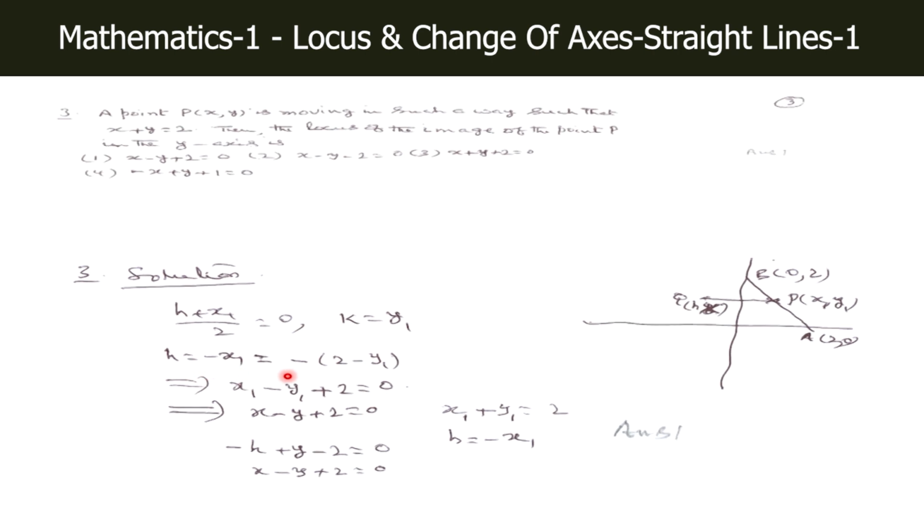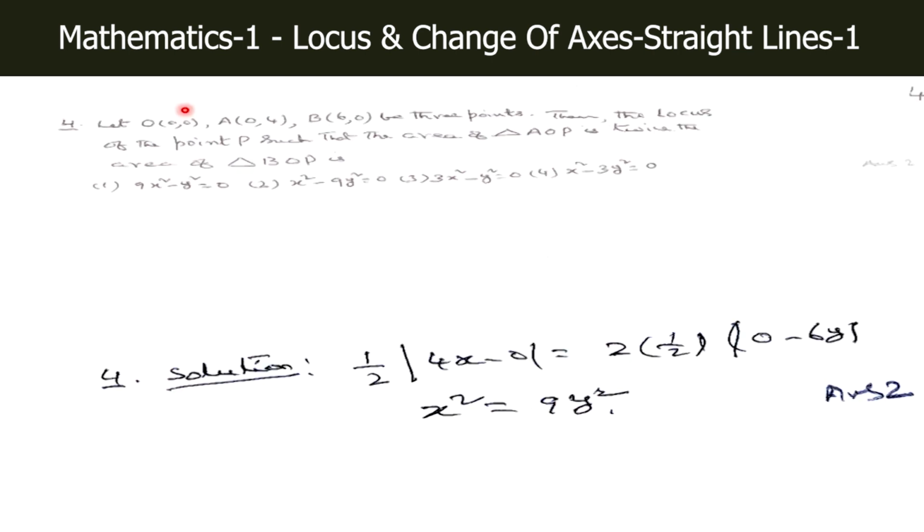But x1 is equal to 2 minus y1, so minus h is equal to 2 minus k, that is x minus y plus 2 equal to 0. The answer is 1.